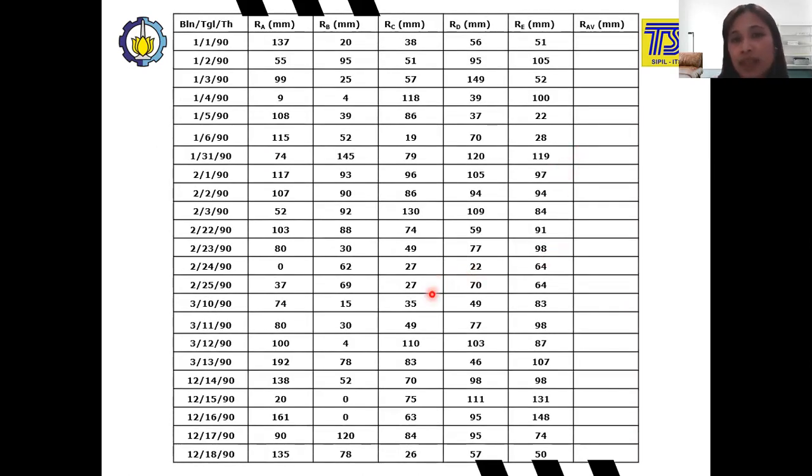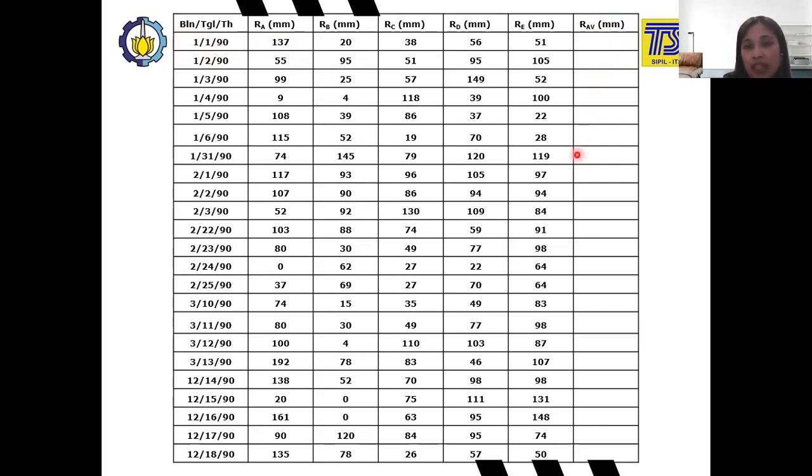For example, here we have the daily rainfall data in the year of 90. There are 5 stations, station A, B, C, D, E. And we have to calculate the daily average first from the same date, like from 1 January. From the 1st January, we have a daily average of this data here, for example.